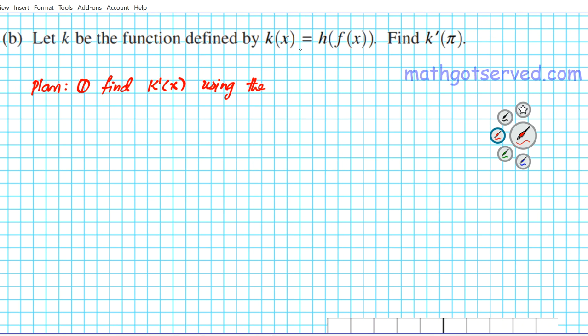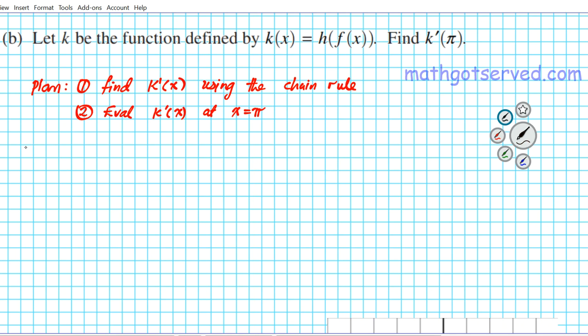You notice that k of x is a composite function. So guess what? We're going to use the chain rule again. You see the importance of the chain rule in the AP exam. After the calculus step, you're going to do the algebra step. In this part, you're going to evaluate the derivative that you found in part 1 at the specified x value, which is pi. Okay, let's do it.